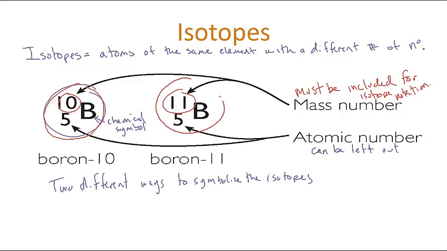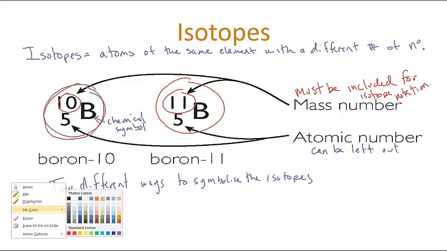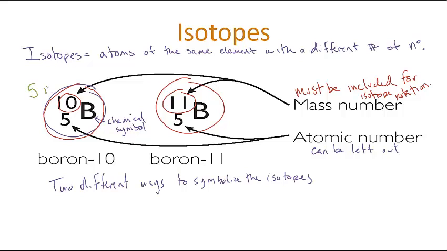On the right, it has a mass number of 11. In order to find the neutrons, remember we subtract the protons from the mass. So this atom on the left has 5 neutrons. The atom on the right, mass of 11, has 5 protons. All the stuff in the nucleus has to equal 11, so if there are 5 protons, there must be 6 neutrons.